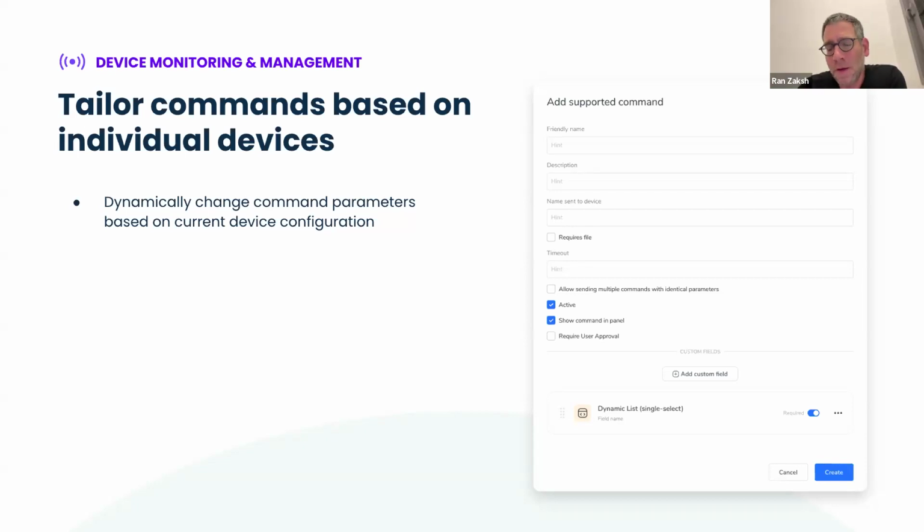So now you're able to customize the command so that it looks at a specific area in your device configuration and takes the names of the inputs from that area in the configuration. So for each individual installation, when you configure the device, you can give names to the different options or different inputs, and then you see the actual setup in your device dashboard, in your command interface, and not just a generic name for each option.